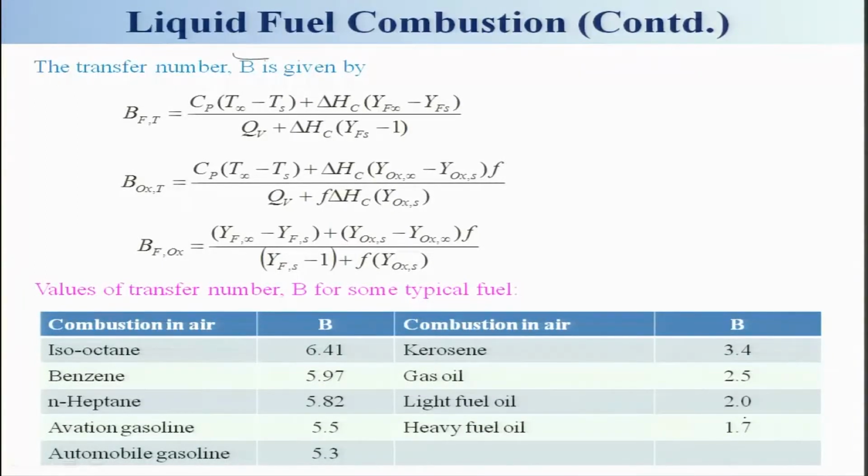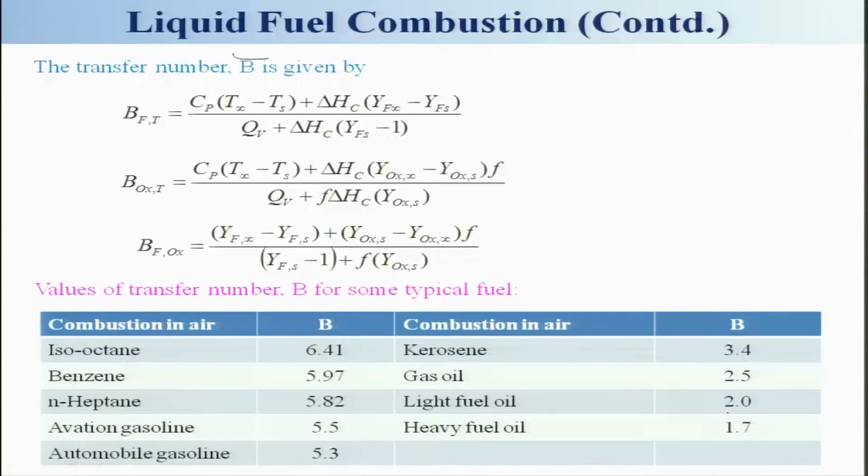You can see that octane is a little higher number, and then this is 1.7. Keep in mind that this is in a logarithm, so changes in the transfer number won't really affect the mass burning very much.